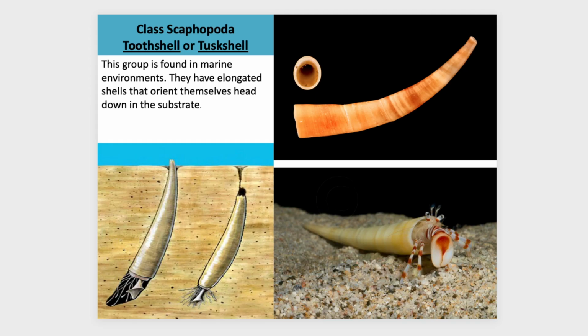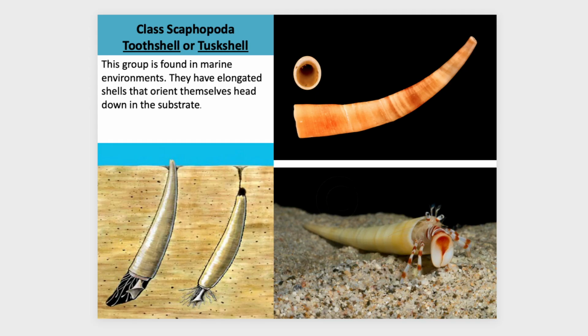The next class is Scaphopoda. Scaphopoda, they have these tooth shell or tusk shell to them. You see it looks like a curve, and scaphe in Greek means a boat, and it looks like a boat. And then pod or poda means foot, so it looks like a boat with feet coming out of the bottom. So what they do is they use that tubular shell for burrowing into the ground of the sea floor.